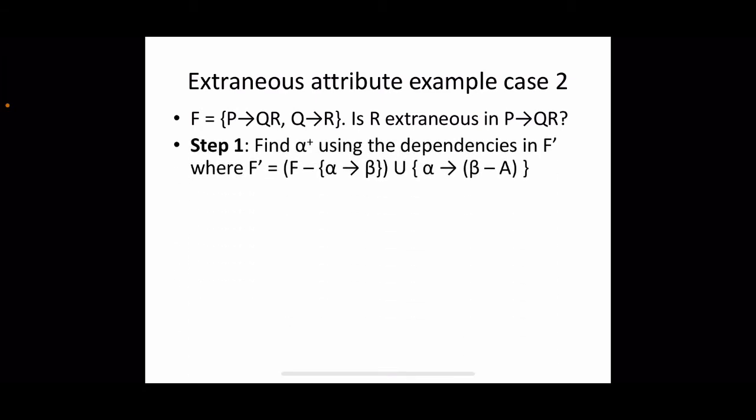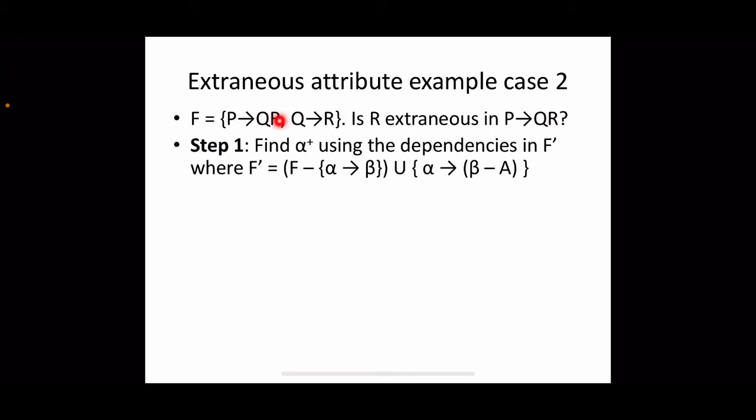What we have to do is we have to find alpha closure. Alpha here is P and beta here is QR. Alpha closure is P closure. With respect to what? F dash. What is F dash? F dash is actually F minus alpha determines beta. F minus F is this one. From this we have to remove this. Instead of that we have to add alpha determines beta minus A. That is P determines beta minus A, which is actually Q, right?